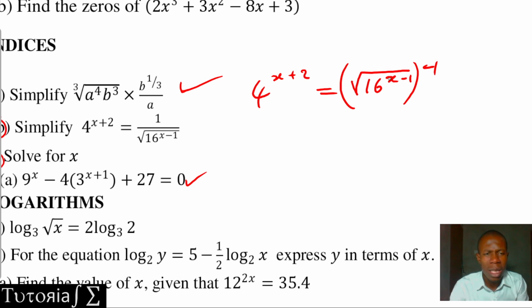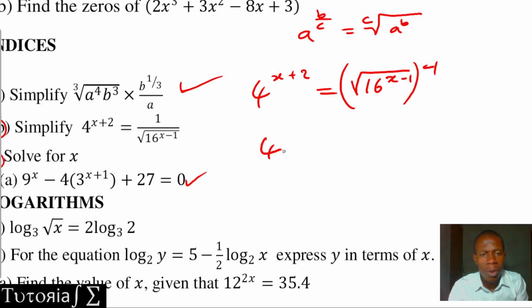And we can break down this inside here. So remember, when you have a raised to the power, let's say b over c, we take c as the root. So this is a square root, so c there will be 2. So let me say this is c root of a raised to the power b.